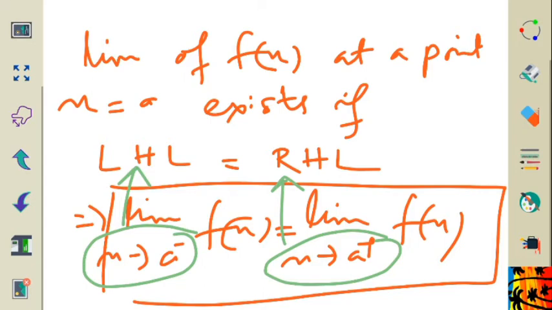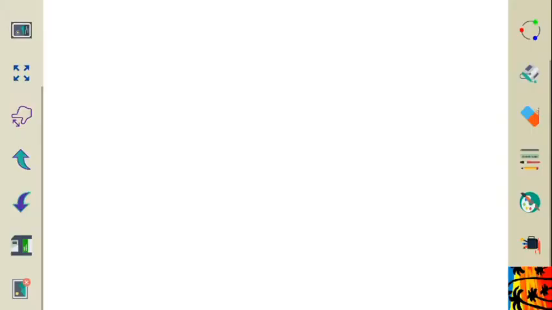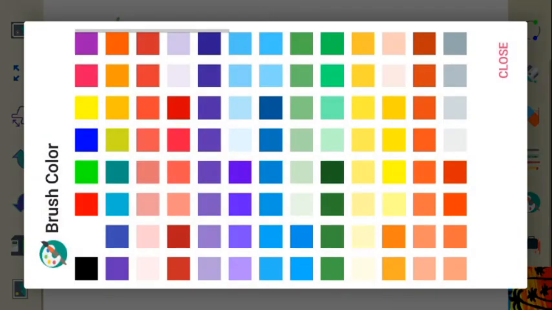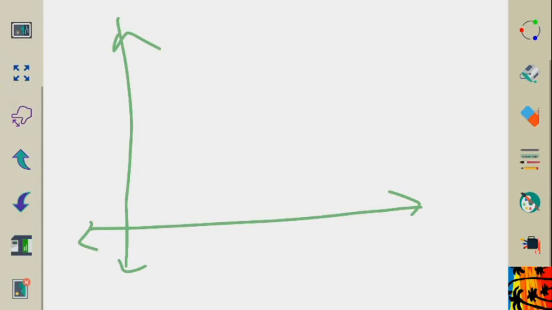Now what is the meaning of this? Let me show it graphically, right? Suppose I draw a graph like this. Yes, I have taken it like this. Now at this point, you see, my graph goes like this, and at this point it goes like this.